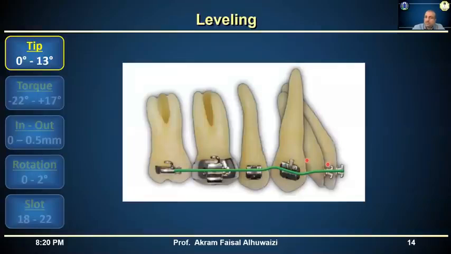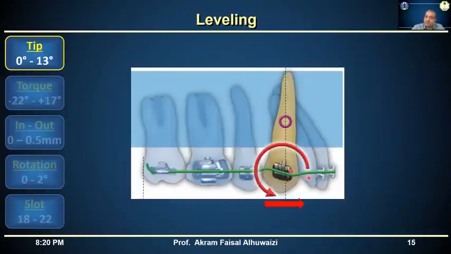If you insert a flexible wire, generally, let's say, 14 or 16 nitinol, and you want to level these teeth, it generates a moment. This moment is going to try to rotate the tooth in a counterclockwise rotation, which moves the root backwards and the crown forwards. Since we know that the crown moves much more readily than the root, the crown moves mesially more than the root moves distally.